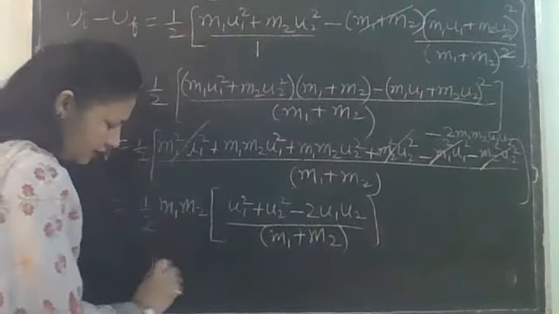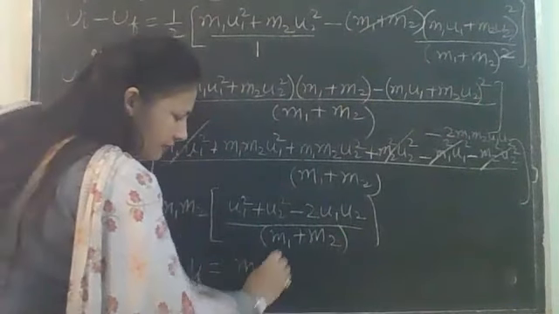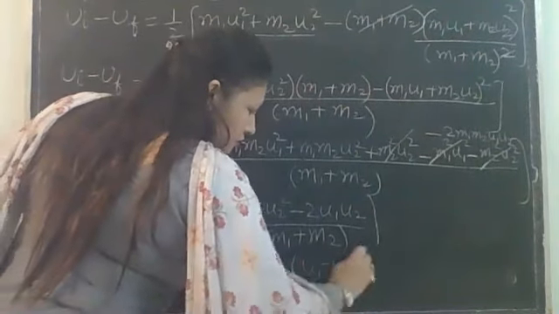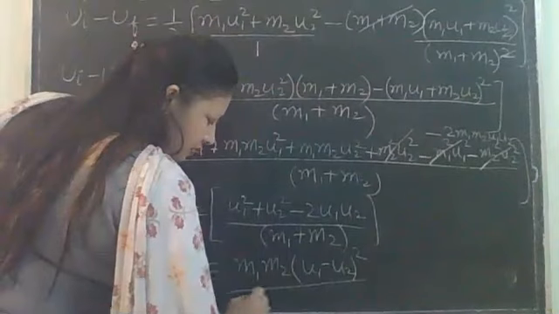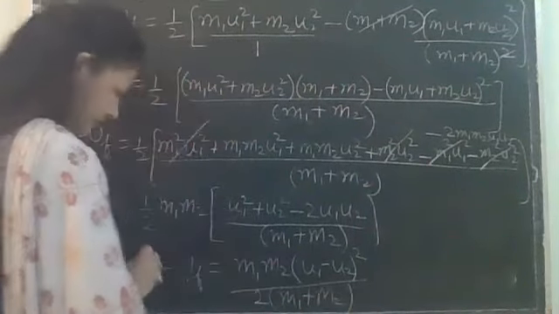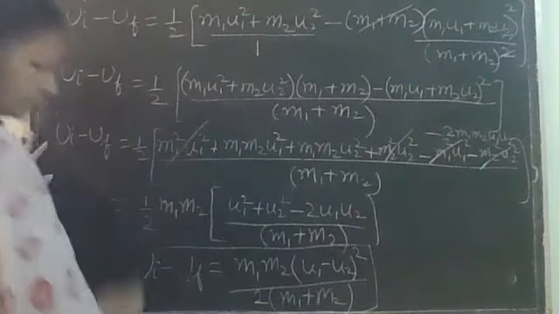So finally u initial minus u final is m1 m2 (u1 minus u2)² over 2(m1 plus m2). This is our final expression.